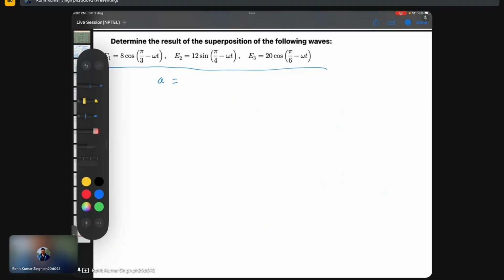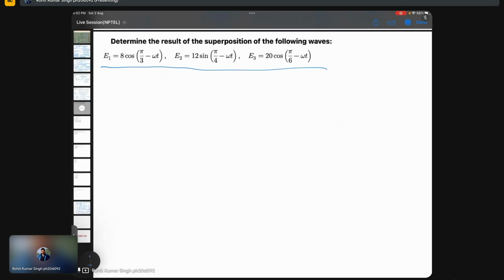A cos theta is basically A1 cos theta 1 plus A2 cos theta 2 plus A3 cos theta 3, right?